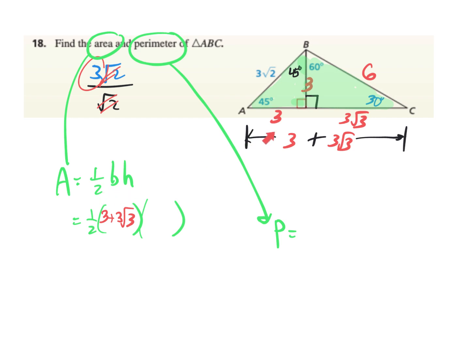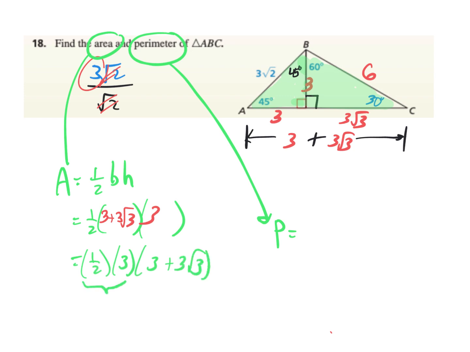And the height of this triangle is, if this is the base, what's the perpendicular distance to the top of the mountain? That's 3. All right, I'm going to change the order around a little bit. The 1/2 times the 3 times the 3 plus 3 root 3.